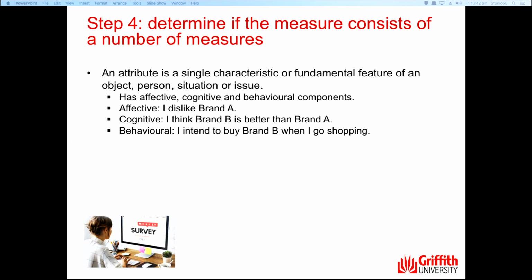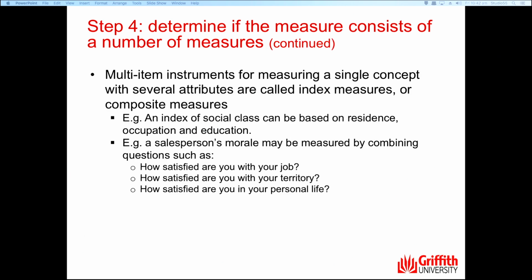Affective: I dislike brand A. Cognitive is more like, I think brand B is better than brand A. If you wanted to measure behavioral, you would ask, I intend to buy brand B when I go shopping. So when you want to measure a particular concept, do you focus more on the affective, the cognitive, or behavior?